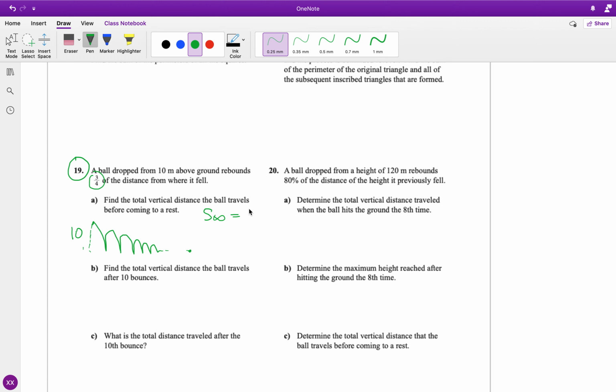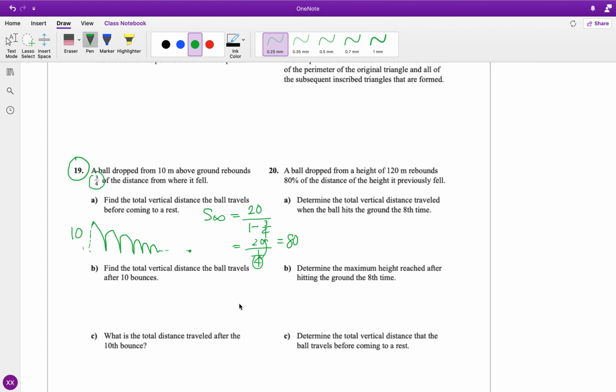So that first term is 20, and the common ratio is 3 over 4. So that means 20 divided by 1 subtract 3 over 4, which equals 20 divided by 1 over 4. So this one flips to the top, and 20 multiplied by 4 equals 80.